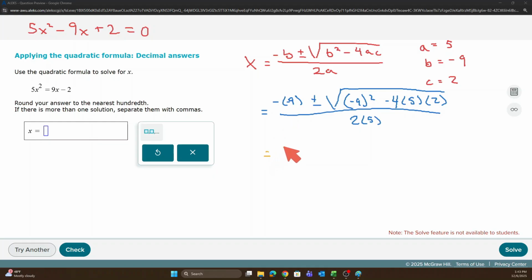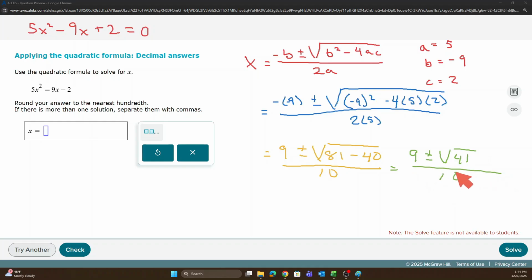So equals 9 plus or minus the square root, 81 minus, so 4 times 5 is 20, times 2 is 40, all over 10. 81 minus 40 is 41. So this is 9 plus or minus the square root of 41 all over 10.